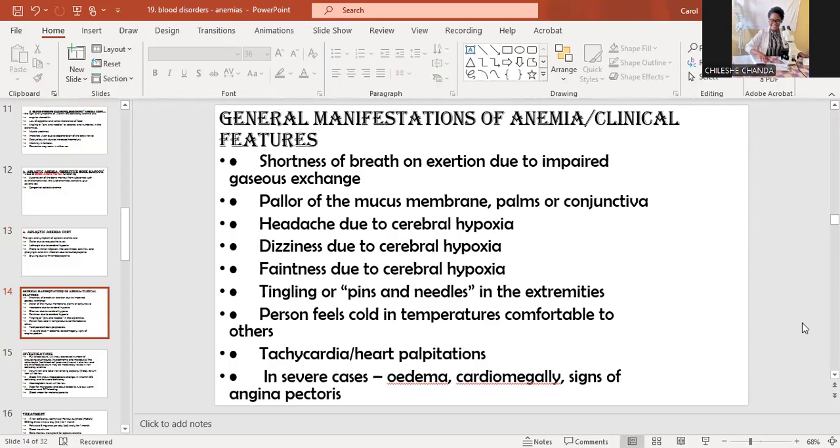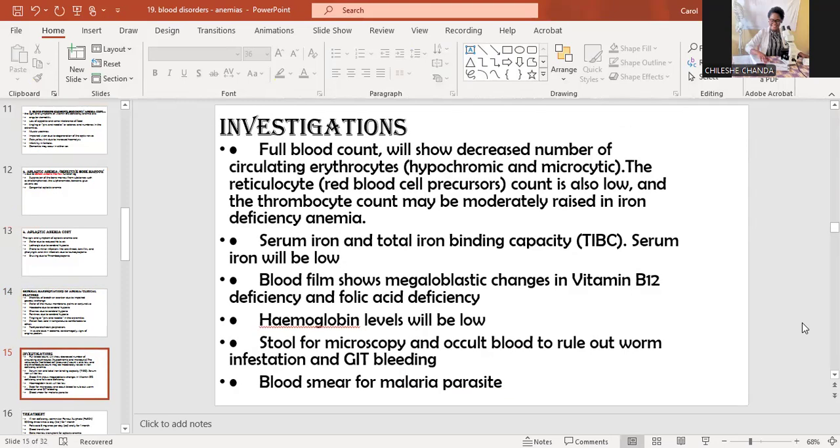Therefore, this patient will have tachycardia, which will lead them to having heart palpitations. When it becomes very severe, patient will actually end up having cardiomegaly, which is enlargement of the heart. The patient may end up having edema and pain on the heart, which is angina pectoris.